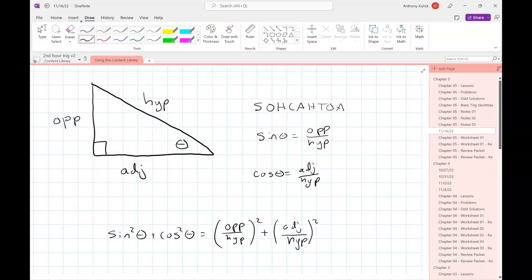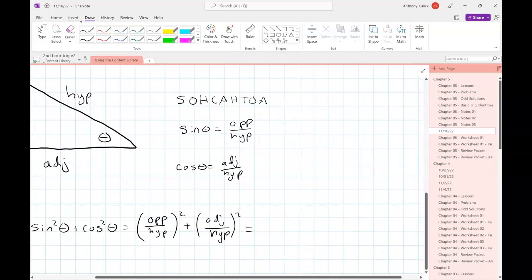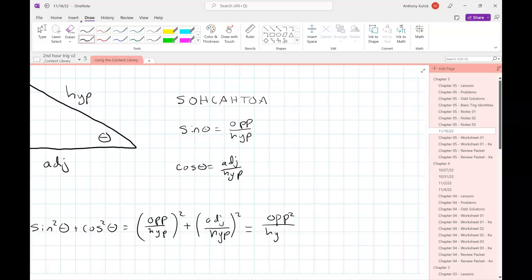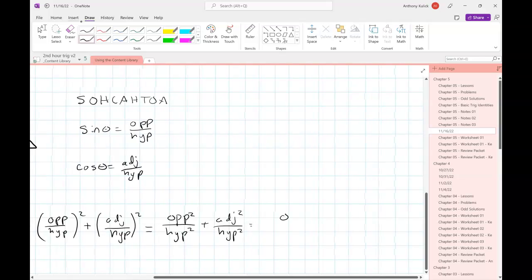Is everybody okay with that idea? And then how do I square a fraction like that? Good, we square the numerator and we square the denominator. Everybody's cool with that? What do you notice about those two fractions? They have a common denominator, so let's write them as a single fraction.